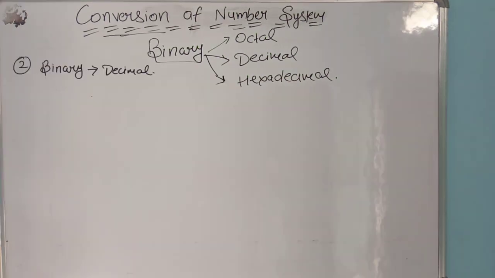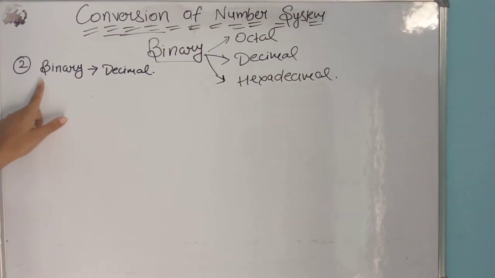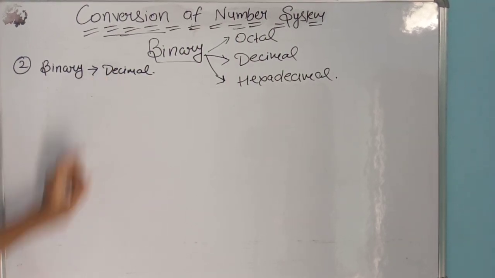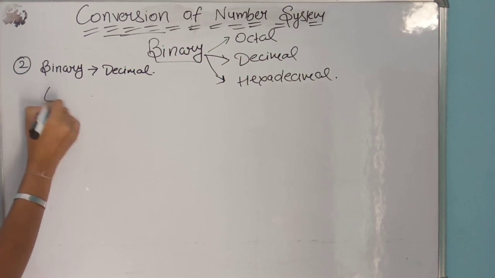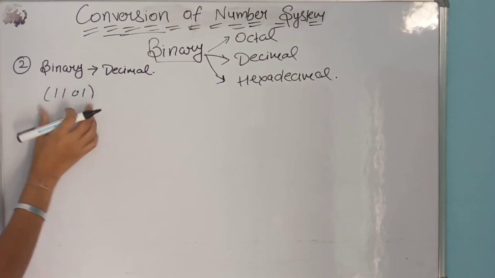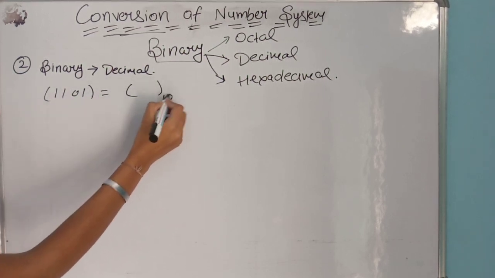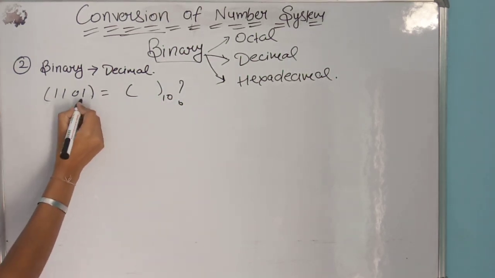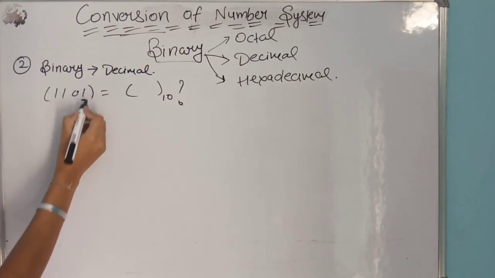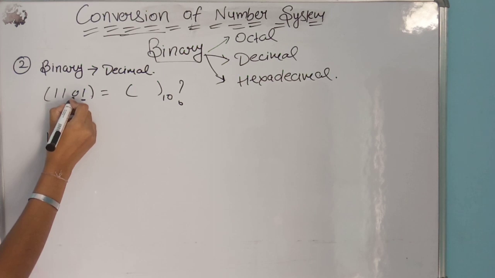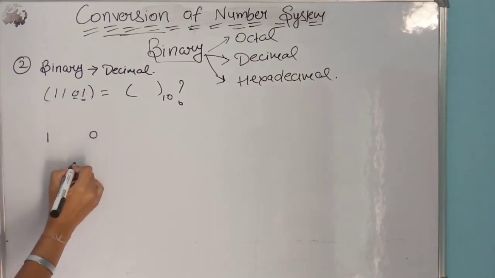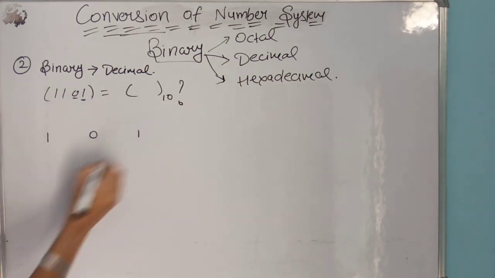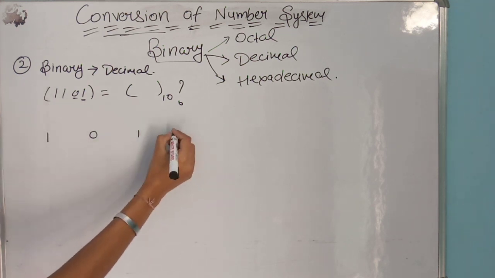Now we will learn about the second method, that is the binary conversion into decimal. So 1101 is a binary number, and we want to convert it into a decimal number. So how can we convert it into a decimal number? We start from here. First fetch this 1 and write it here, and fetch this 0 and write it here, and fetch this 1 and write it here, and fetch this 1 and write it here.